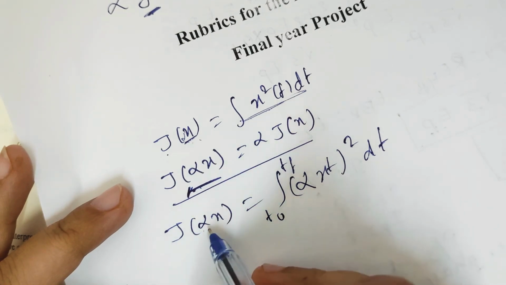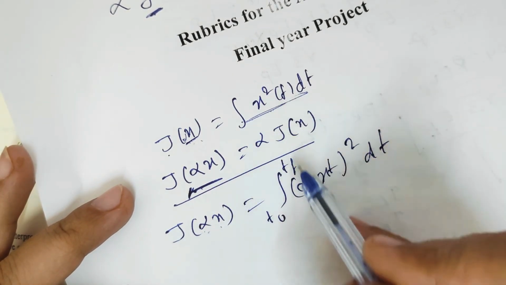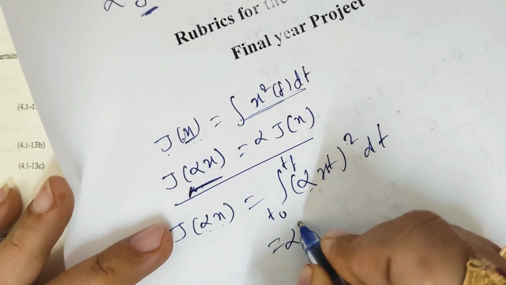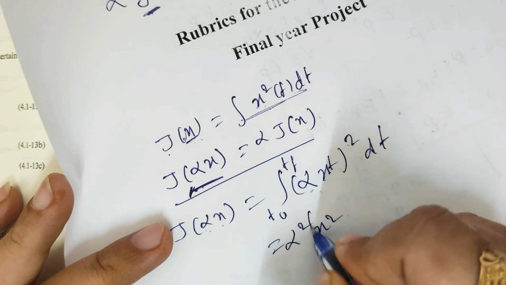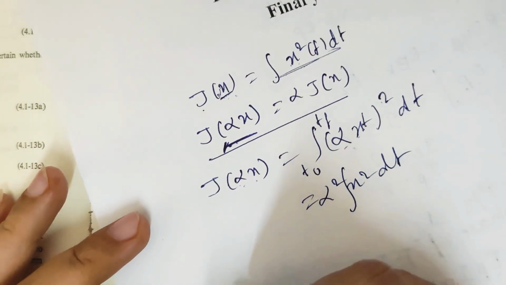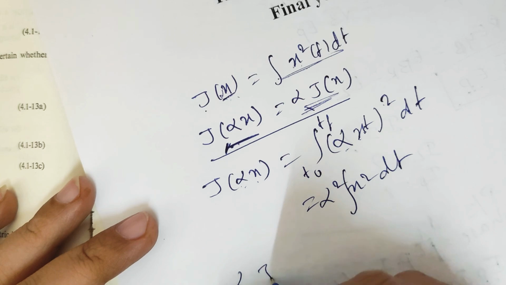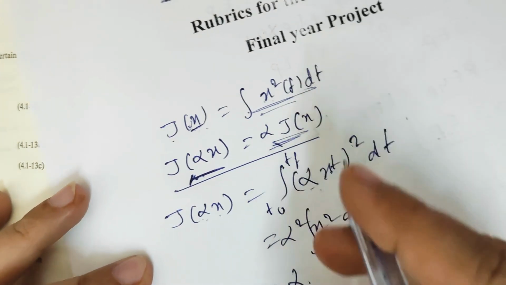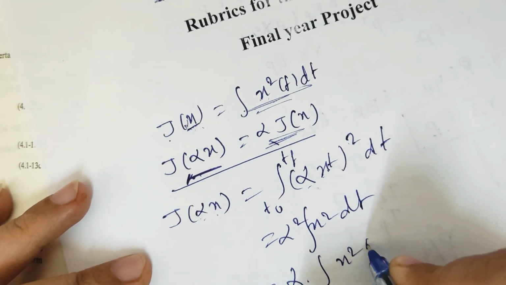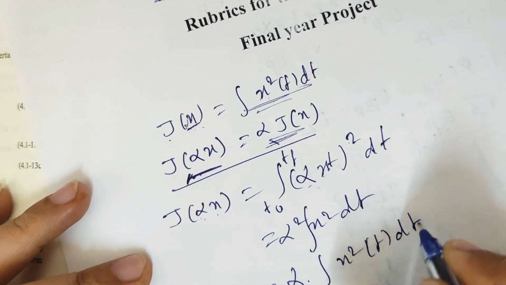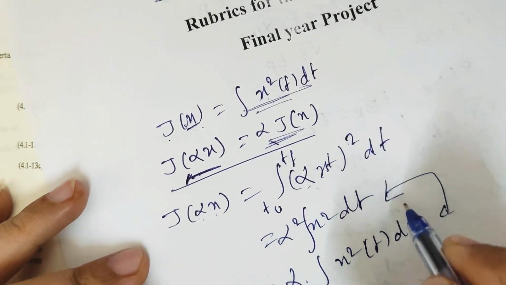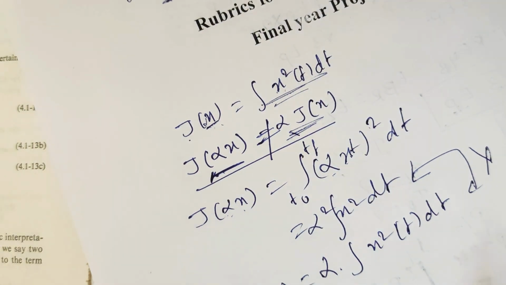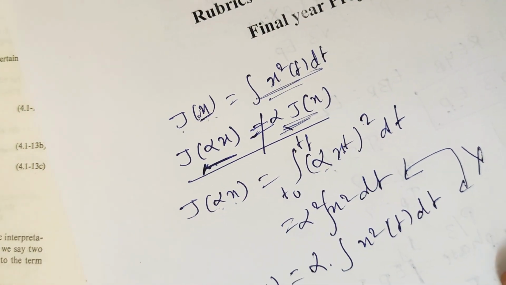Here instead of x, you have to take alpha x, that is alpha square x square, right? So you will get alpha square x square dt. The second term, alpha into j of x, equals alpha times the integration of x square of t dt. See, these two are not equal, hence the principle of homogeneity is not satisfied in this case, right?